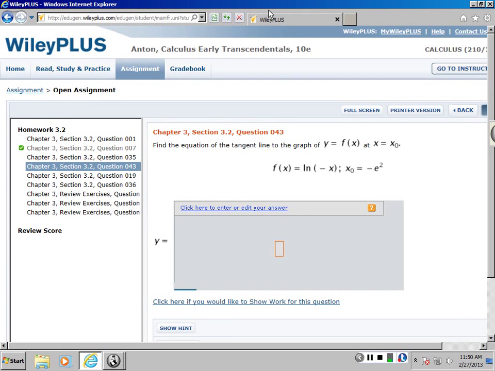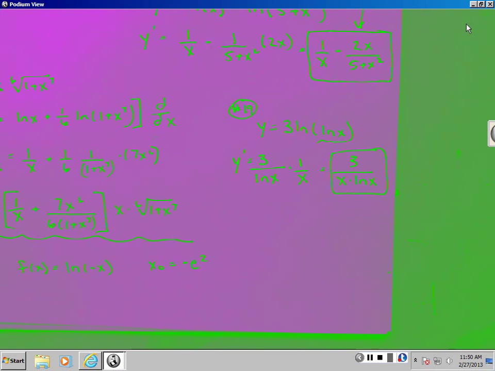If I have the function ln of negative x, what's the derivative of ln of negative x? 1 over x, right? 1 over negative x times negative 1. So the derivative here is 1 over x. If I want a tangent line, I need a point and a slope, right?